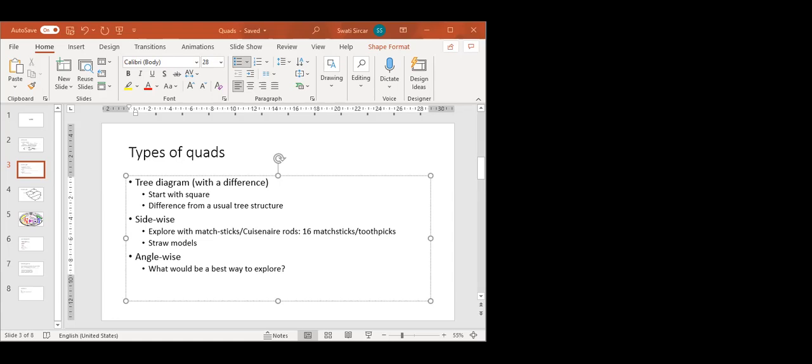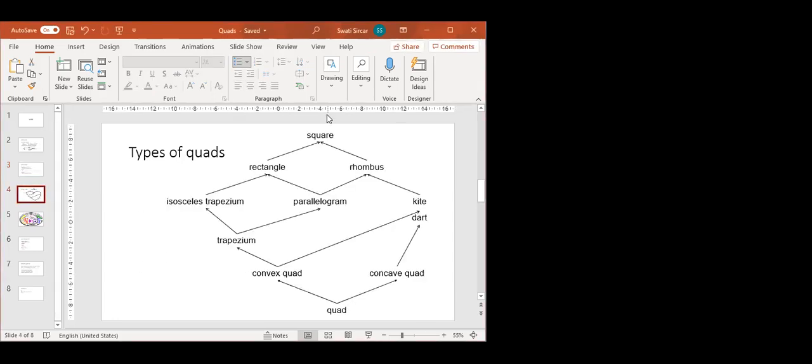Now the tree structure. Can you see how it is different from a regular tree structure?